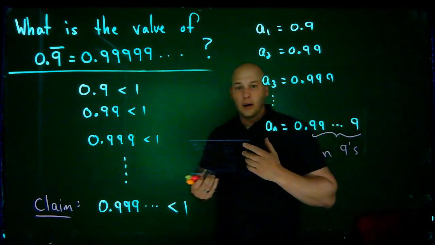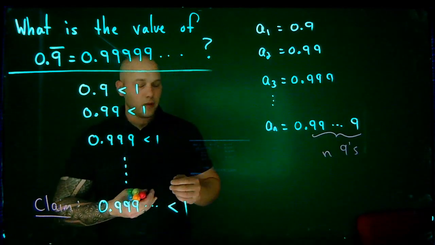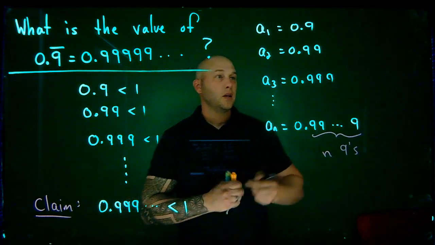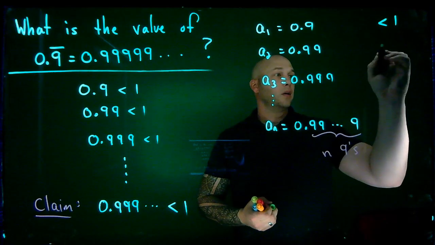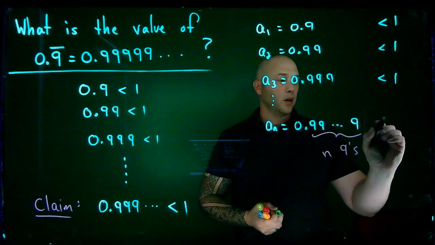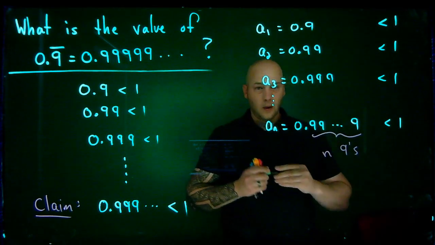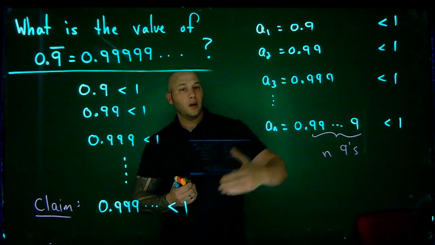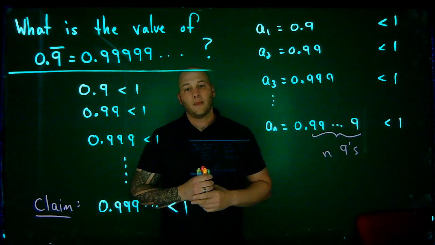Okay. Now, if I look at that sequence, every single one of these values is less than 1. Less than 1, less than 1, less than 1, less than 1. So every single one of those is less than 1, and they are all increasing.